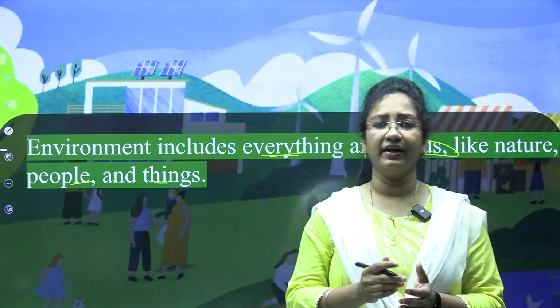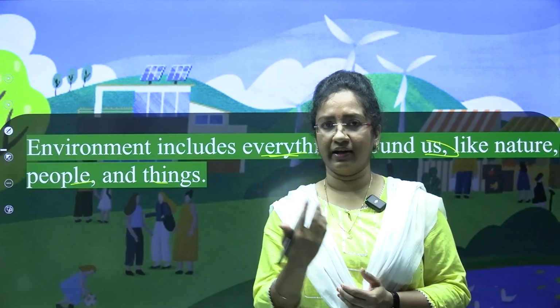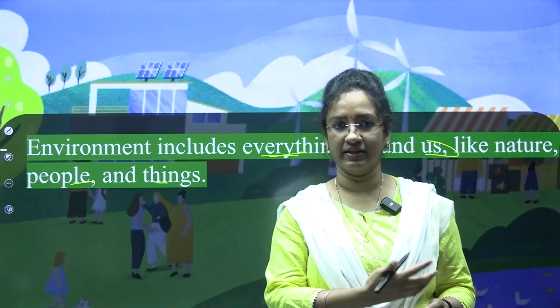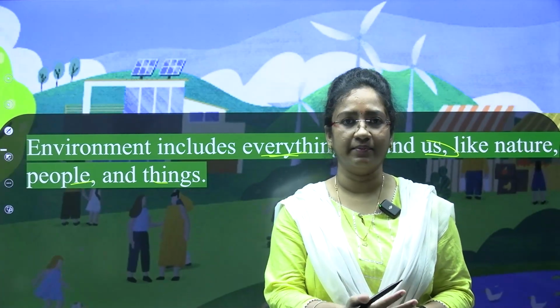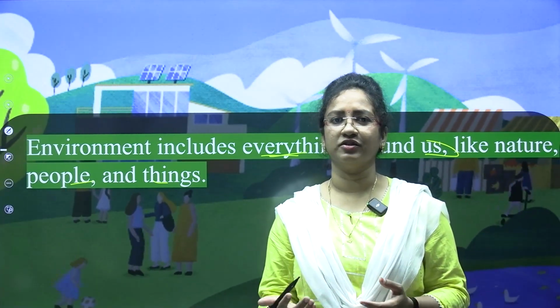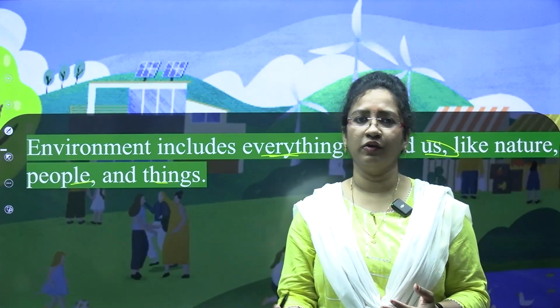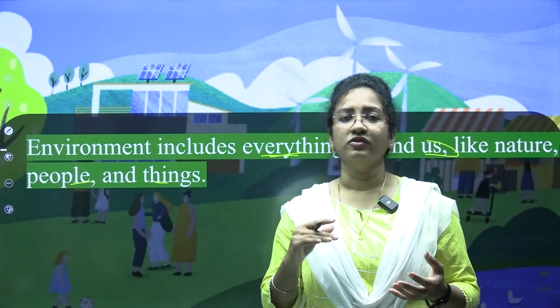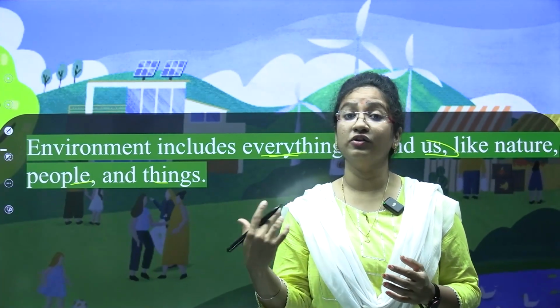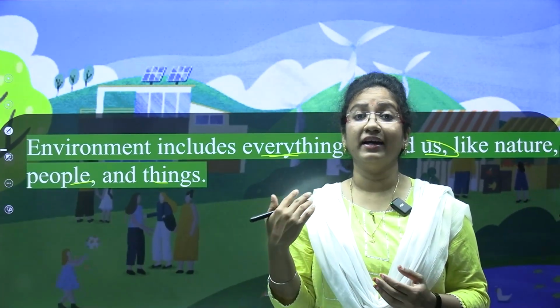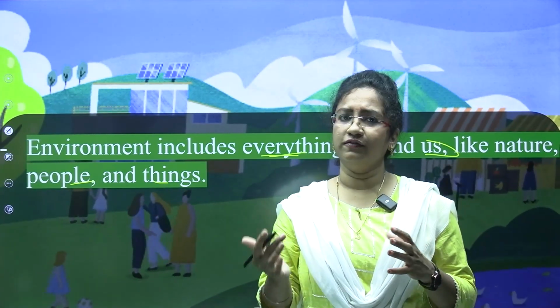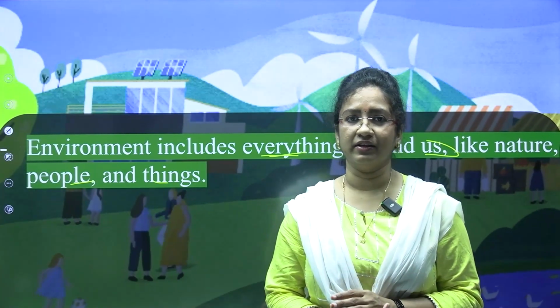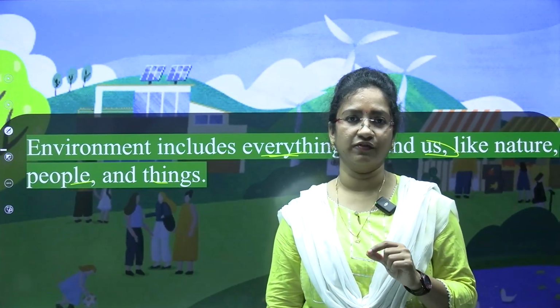Wherever you're sitting, some things would be present around you like a chair, a table, a pen, a book, etc. And also some people would be present around you, your parents, friends, siblings, etc. All those people around you, all those things around you, and the nature around you, all of this comprises the environment. So this is a simple definition of environment.